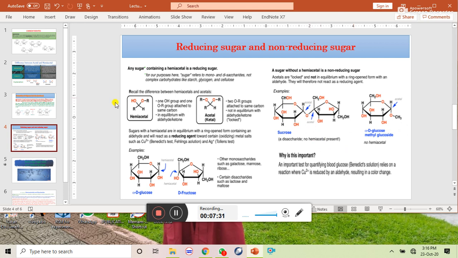Likewise, if you see here, this one is the central atom with one OH, one OR, one R alkyl group and one H. This one is hemiacetal. If this hemiacetal is derived from an aldehyde, you will see this type of structure, and if it is derived from a ketone, you will see such a structure.